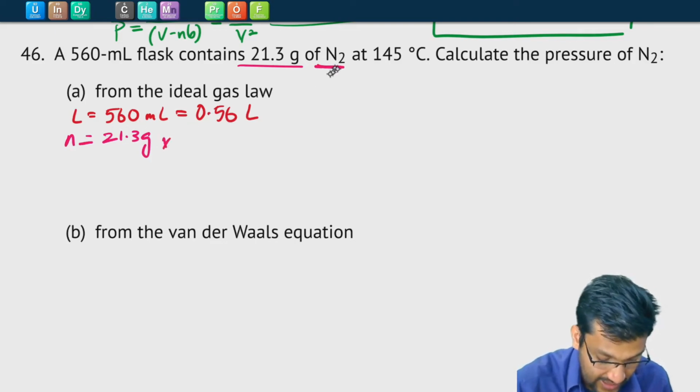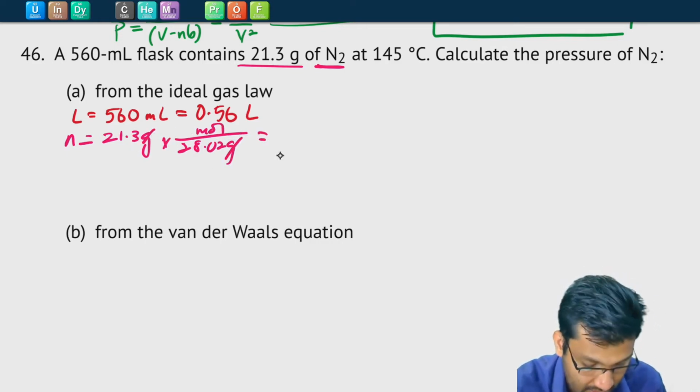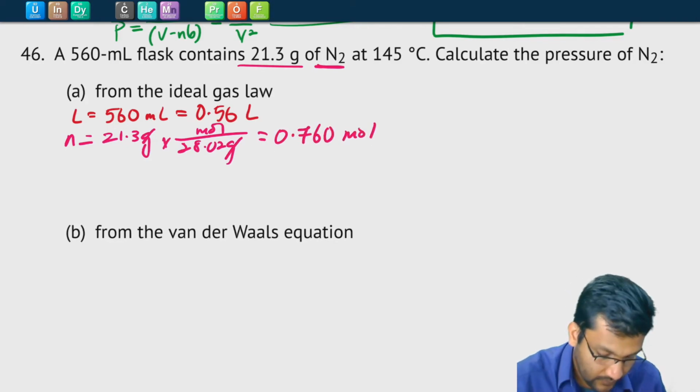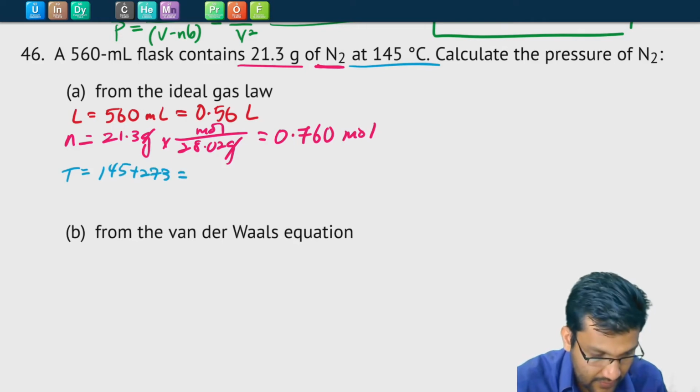It's for nitrogen gas, so the molar mass for nitrogen is 28.02 grams per mole. So this should give us number of moles as, let's see, 0.760 moles. They give us the temperature, but not in Kelvin, so we can do that though. 145 plus 273 gives us 418 Kelvin.